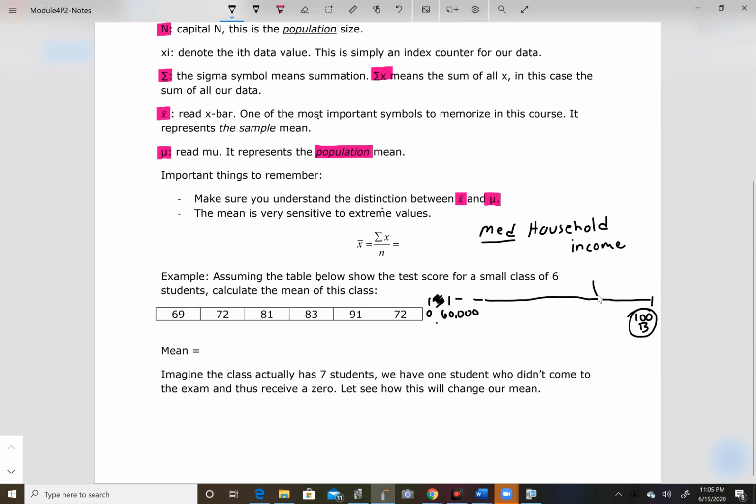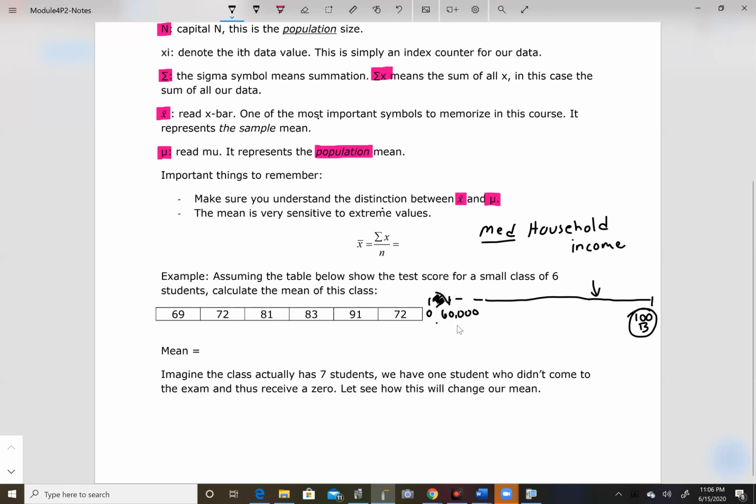If we used the mean household income to describe what people make in the United States using Jeff Bezos's household income, it would look like we were all millionaires, if not billionaires, because that number would be so high if we kept him in our data to find the mean. Okay, it would make it really high.